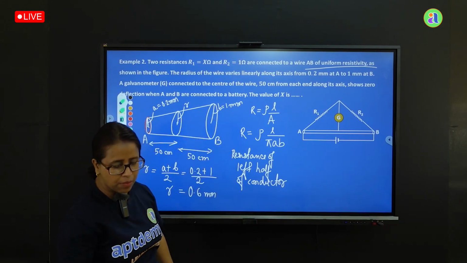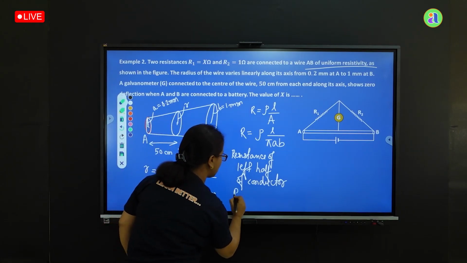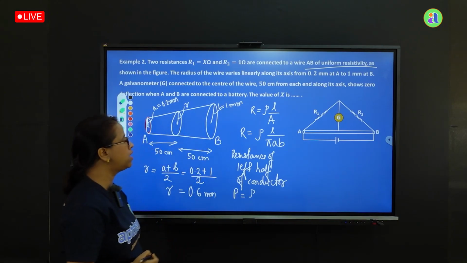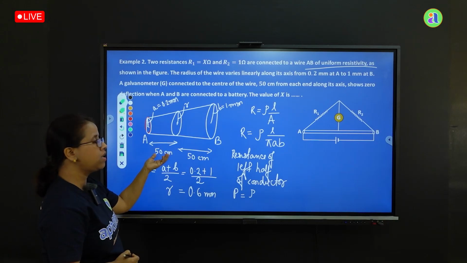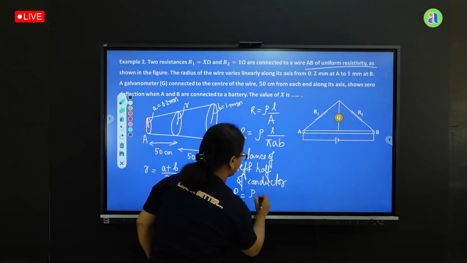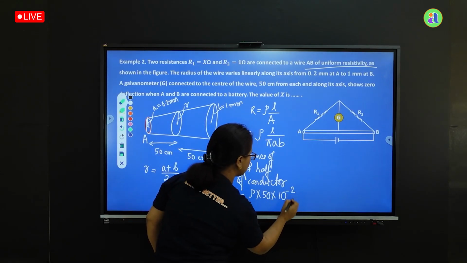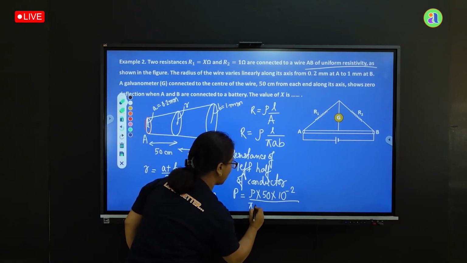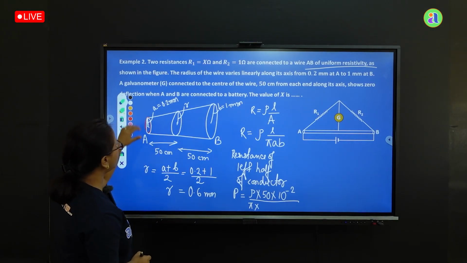The formula is the same here. The resistance for the left half, let us take this resistance as P, is equal to rho times L. What will I choose the length as? We are considering the left half, so the length is 50 centimeter. Let us change that to meter: 50 times 10 to the power minus 2. Then we have pi in the denominator, A times B. Now what is A here?